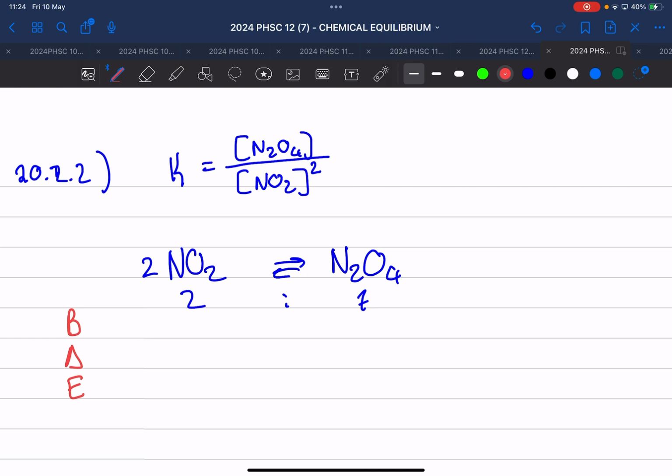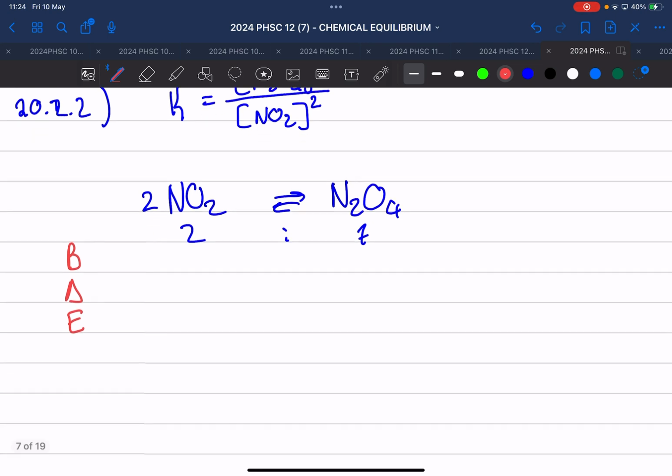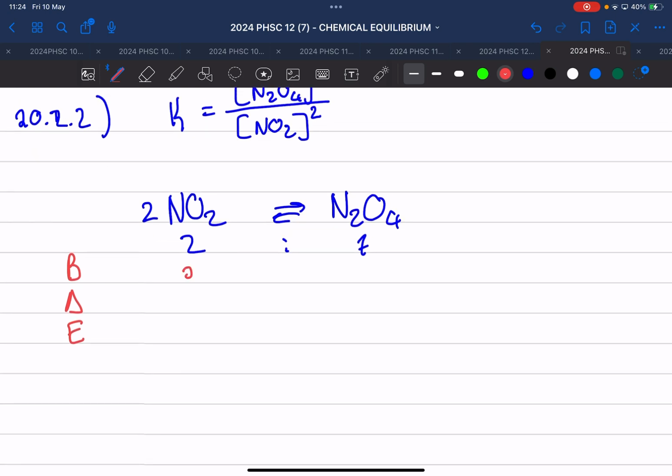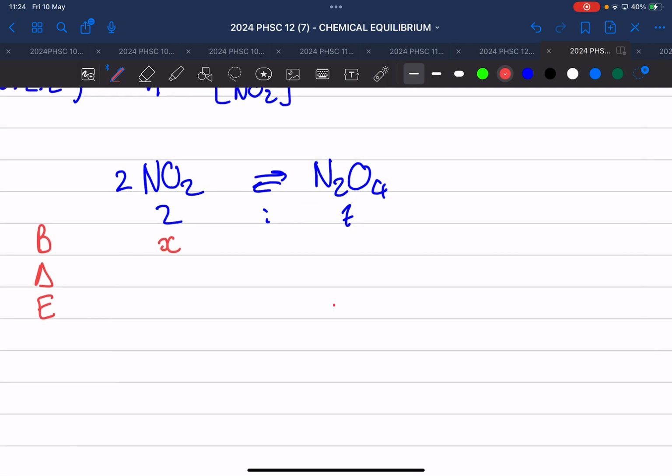So what we know so far is at the beginning we have X moles of our reactant. At the end we have 0.81 moles of our product. We know we start with 0 moles of our product, so we have to add 0.81. Okay.